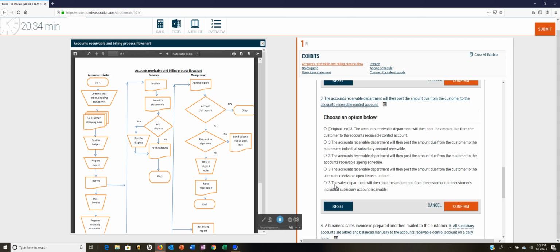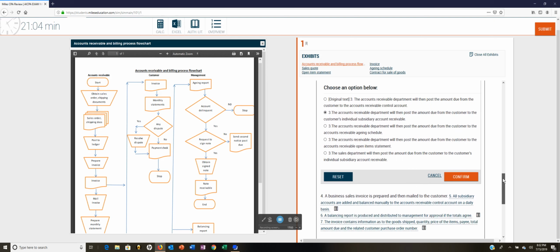And then another one, the sales department will then post the amount due from the customer to the customer's individual account receivable. No, that would be a violation of segregation of duties. I think it's going to be that one, the accounts receivable department posting to the customer's individual subsidiary AR. Okay? That looks like the best answer.